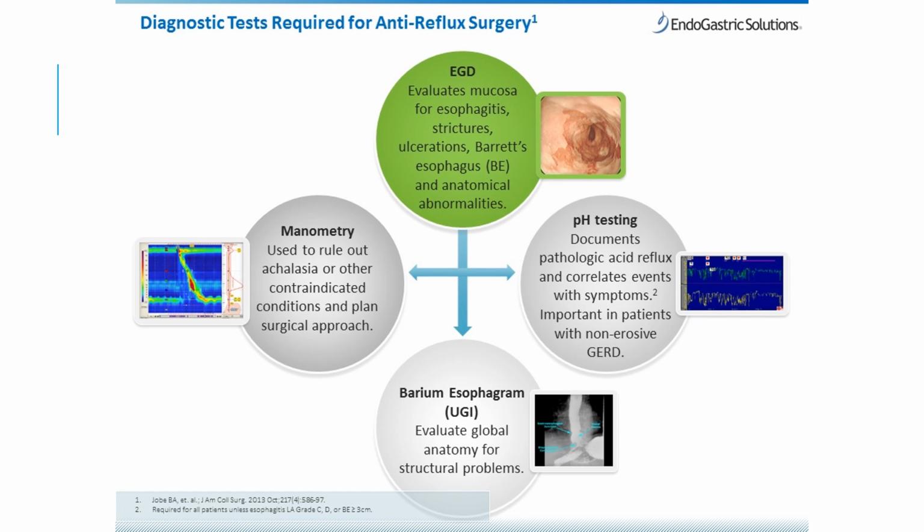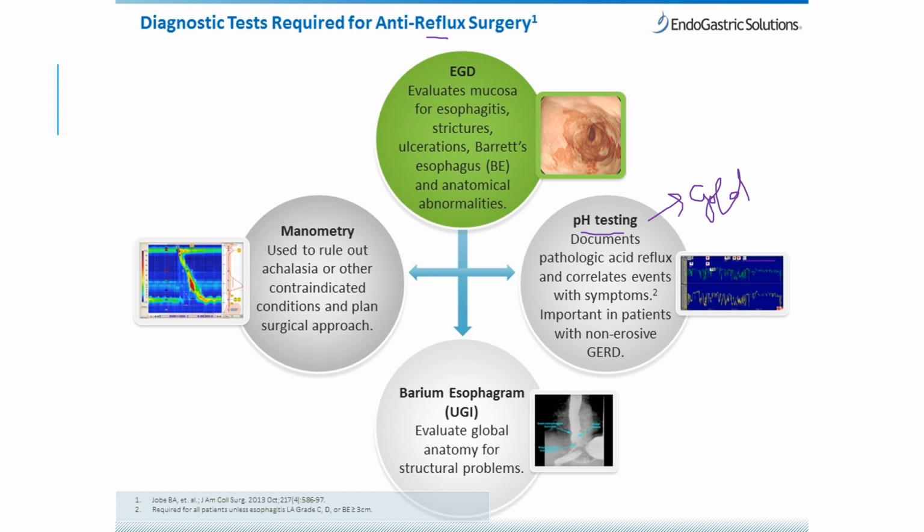So what are the tests we usually do for GERD before an anti-reflux surgery? We'll talk about the surgery later. We do pH testing, which is considered the gold standard test for GERD, acid reflux, as it documents pathological acid reflux.